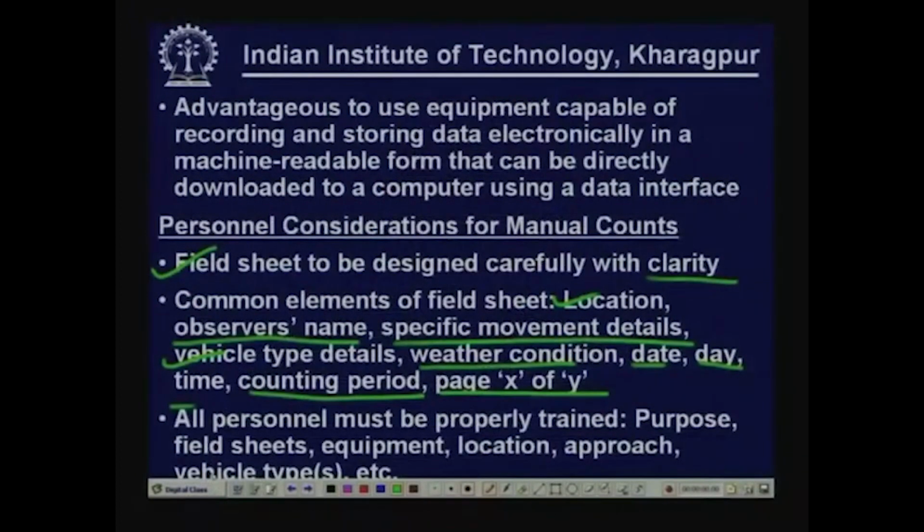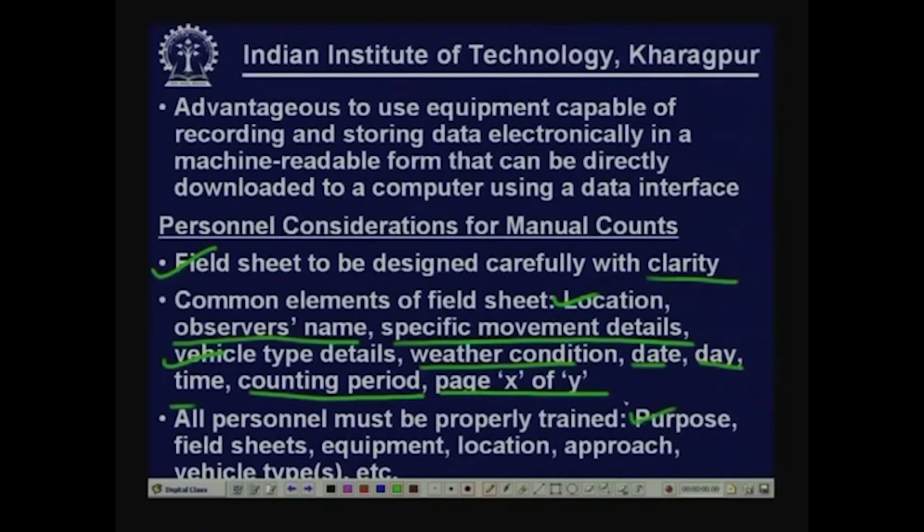A total clarity is necessary in terms of understanding the field data, understanding the survey, what to be recorded, where to be stored, how it is to be written, and what other places the enumerator should fill up. All this equipment, all these things must be known to these personnel, key personnel or field people.